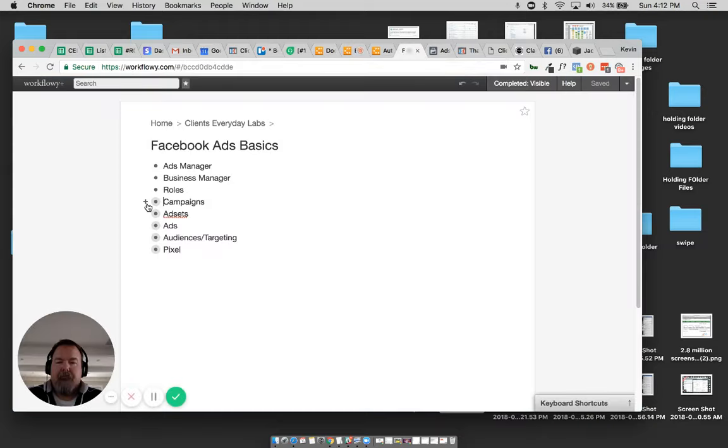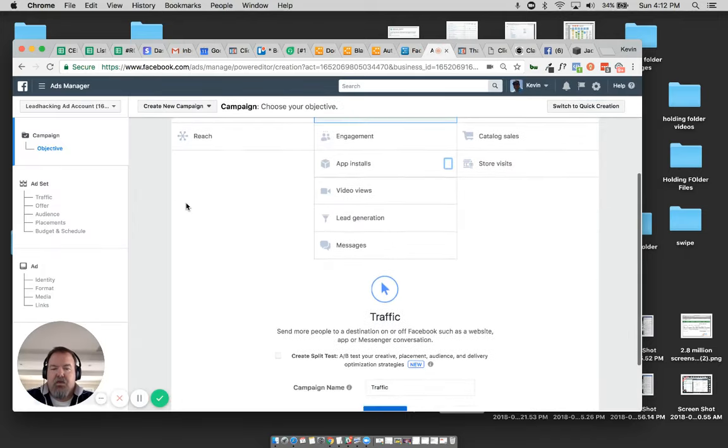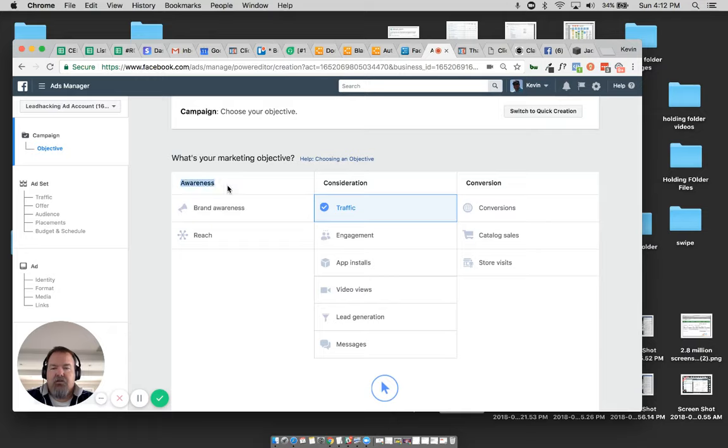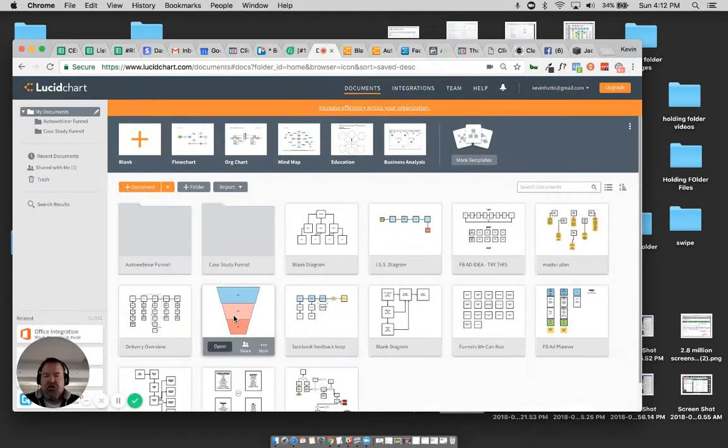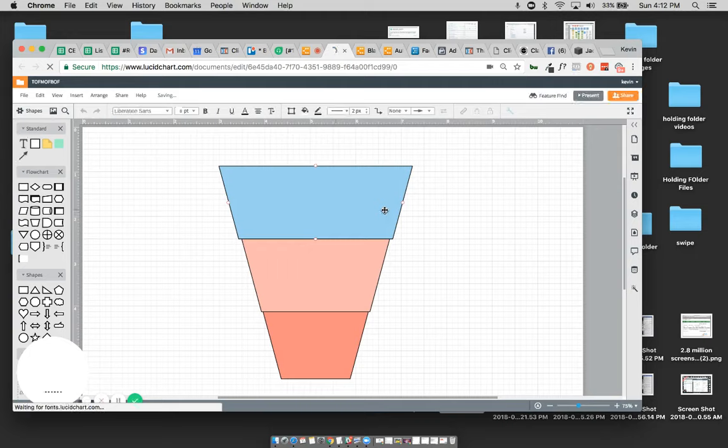So the first thing in campaigns is there are 3 main categories of campaigns that they like to have you run. And these are awareness, consideration, and conversion. The awareness ads are the top of funnel.